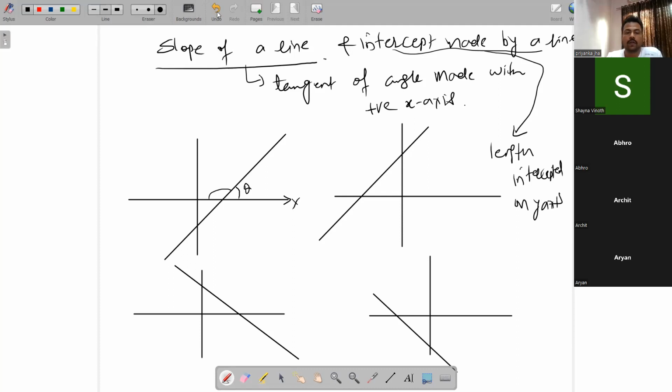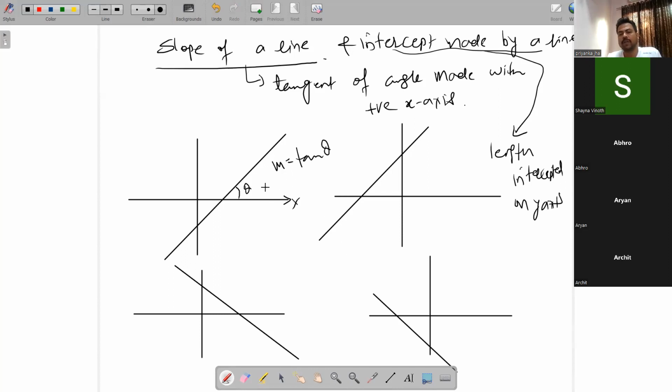So we'll talk about only the angle made with the positive x-axis. If I take tan of this, we'll say slope. We represent slope by m generally, as written in the book. So tan of this angle is called the slope of this line.